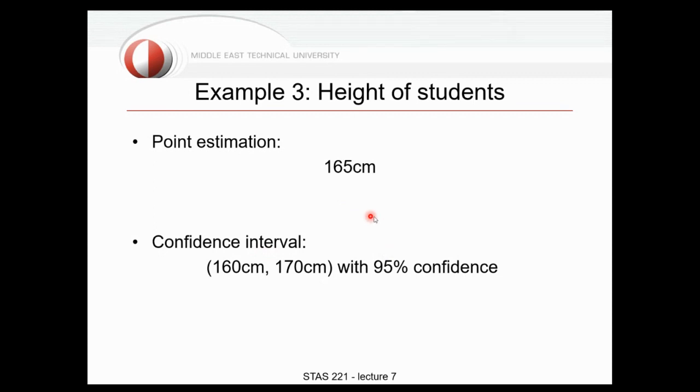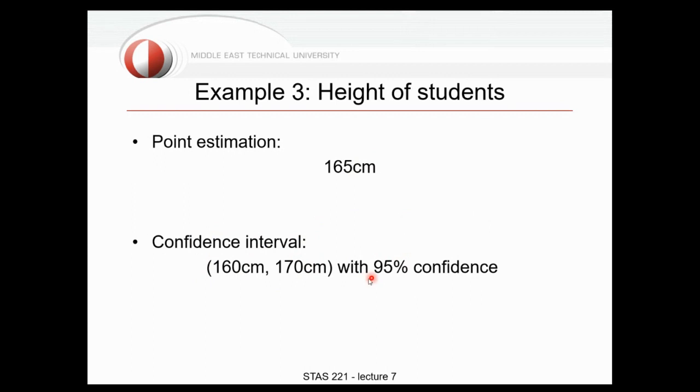But the thing is, how did I understand I should add or subtract 5 from this one? How did I understand this is 95%? These are the things that we should talk about in detail in the next slide. So what it means here is that if I construct such intervals, because I can take different samples from the university, maybe if I take it from another class, I will construct another interval.